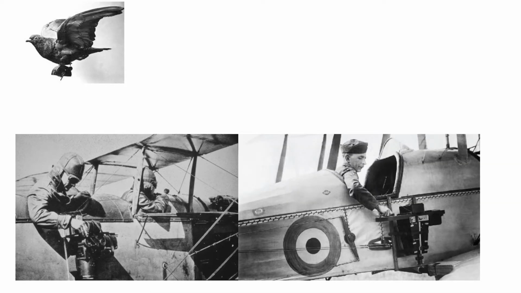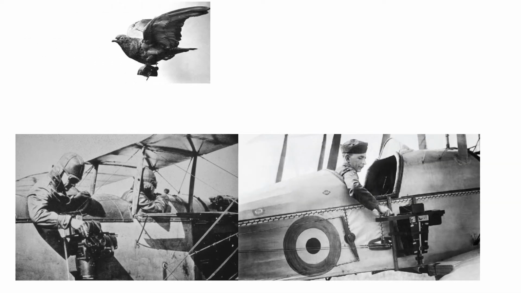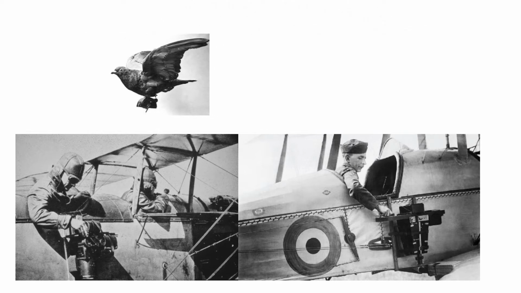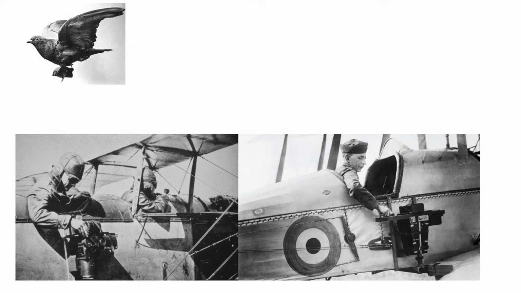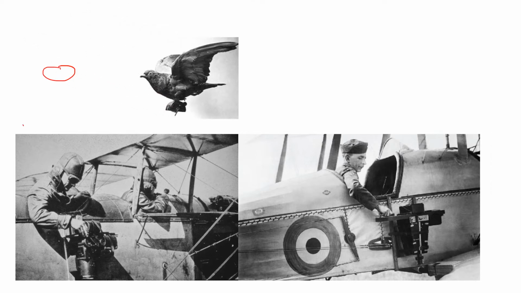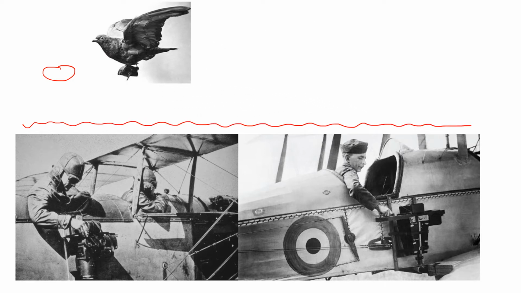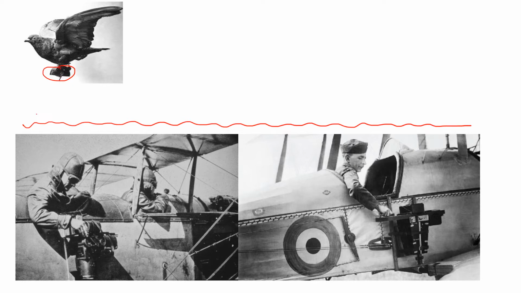Here you can see the bird which has the camera attached. Now it will capture whatever is there on this earth, and this information can be retrieved. So this is how they made use of the pigeons.